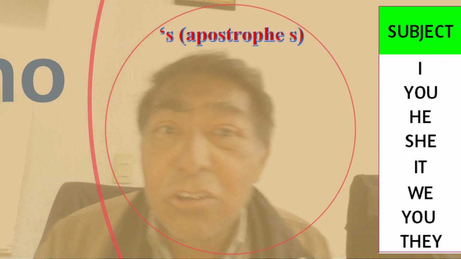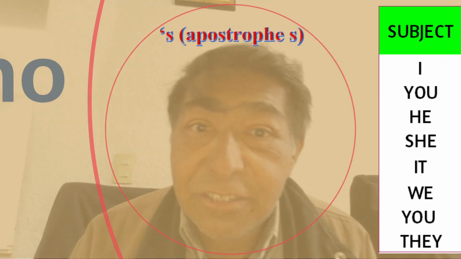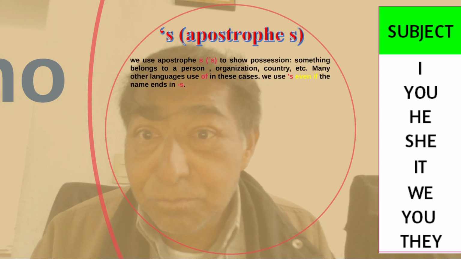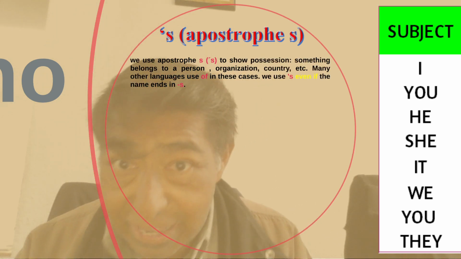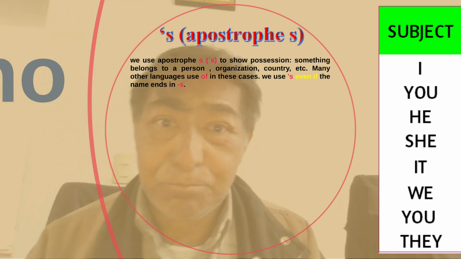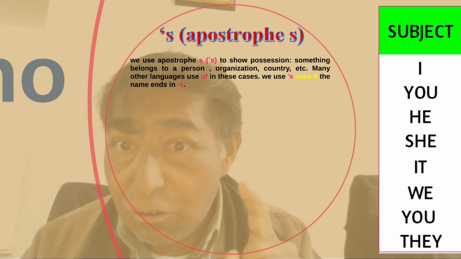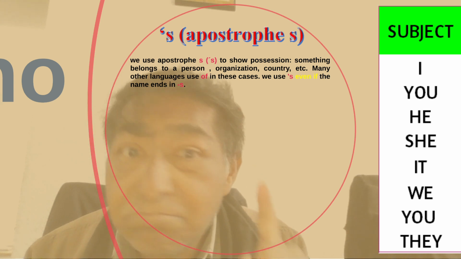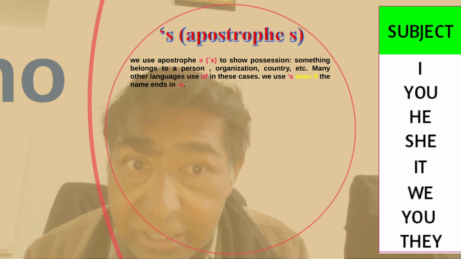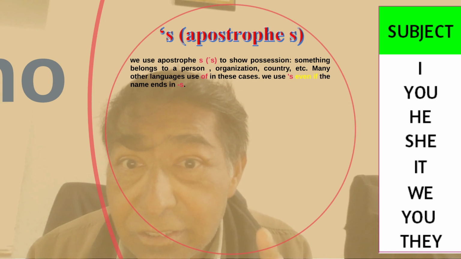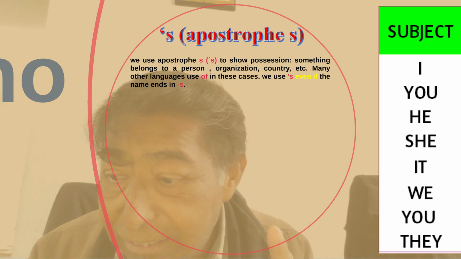Now, if we talk about apostrophes, they also help us indicate possession. We use apostrophe S to show possession. Something belongs to a person, organization, country, etc. Many other languages use of in these cases.